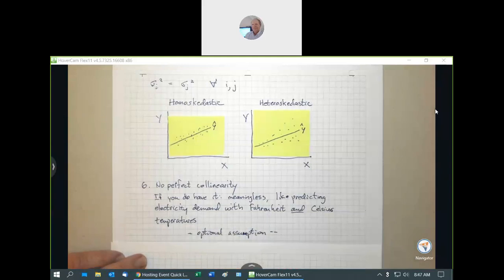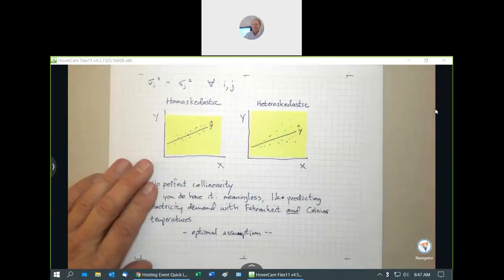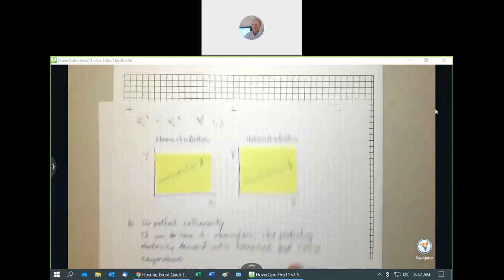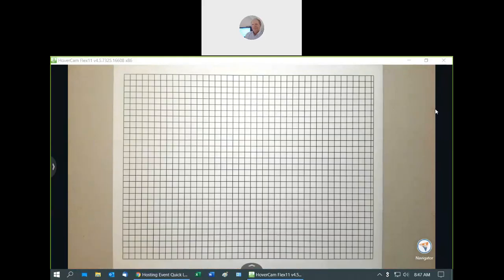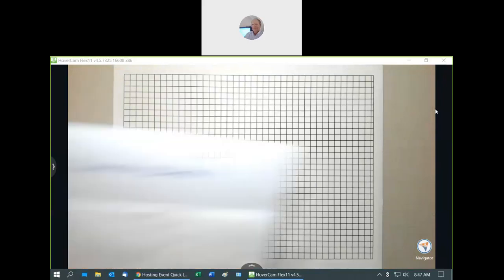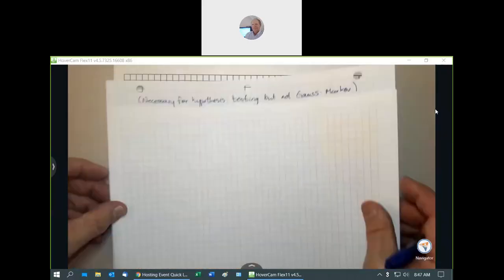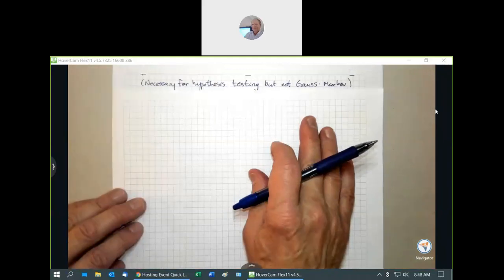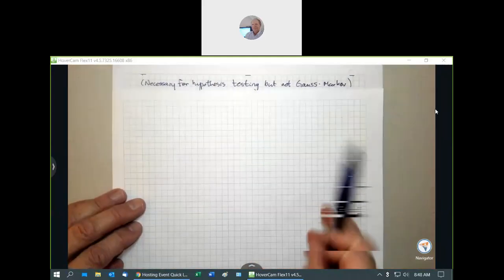Now, there is an optional assumption. Wow, what do we mean? Optional assumption? That sounds weird, doesn't it? How can you have a theorem with an optional assumption? Well, here's what we mean by an optional assumption, that it's necessary for hypothesis testing, but not actually the Gauss-Markov theorem here.